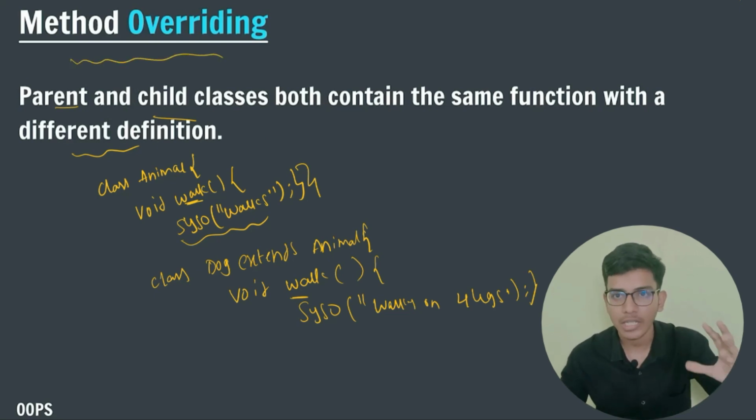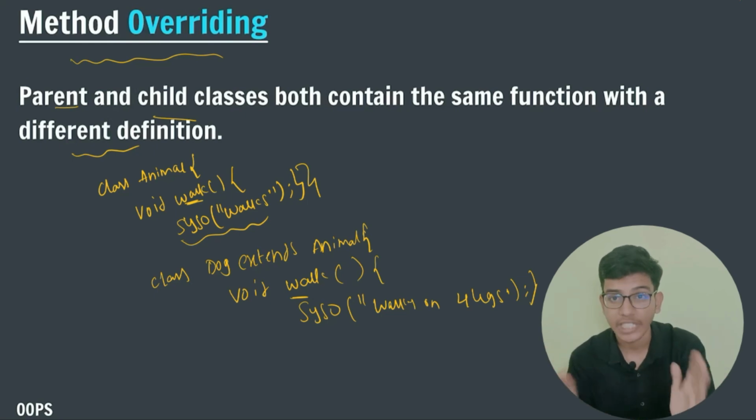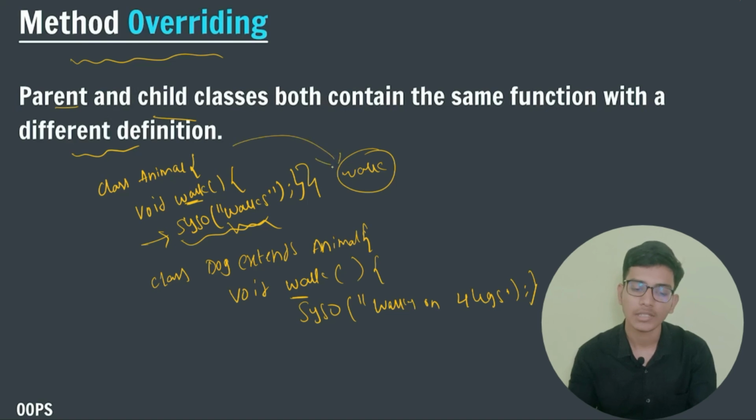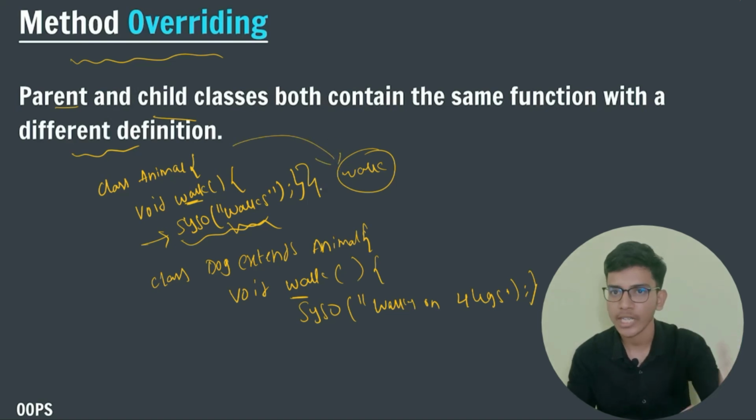The function name is the same, but the only change here is whatever things are there inside my function. You can see that in the parent class we have only printed walks. So the definition is walk. This will print walk as my output for the animal class. So if I create any object of my animal class, that will print walk.